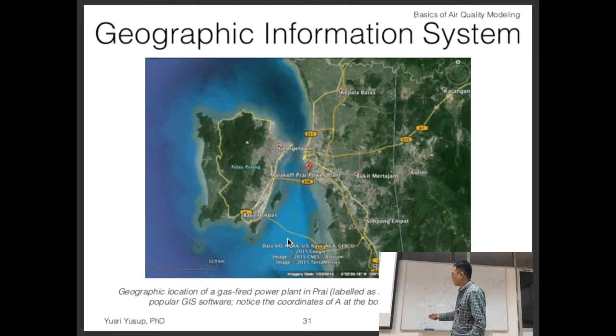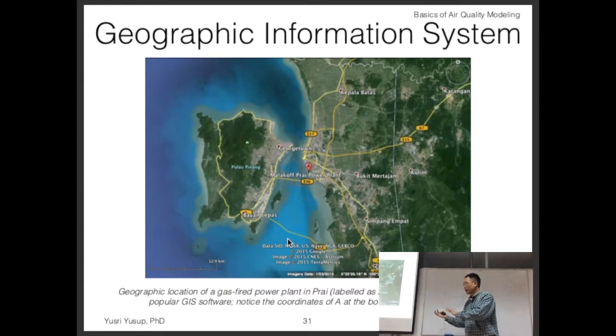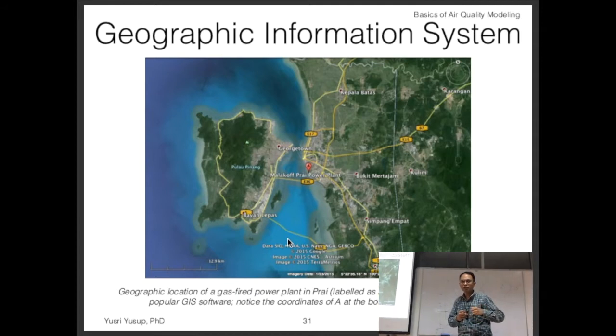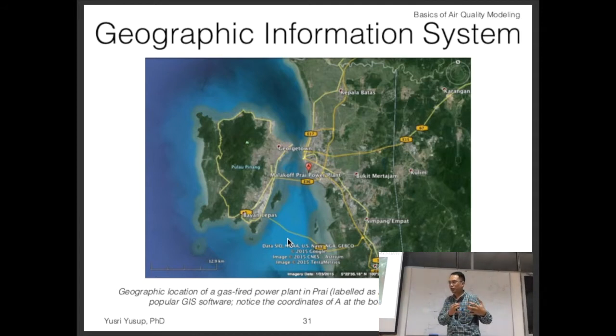One GIS software that you can use, which is free and popular, is Google Earth. And there's a way to link from the AirScreen model to Google Earth to show the results of your study onto Google Earth. If we have time, we can use that.